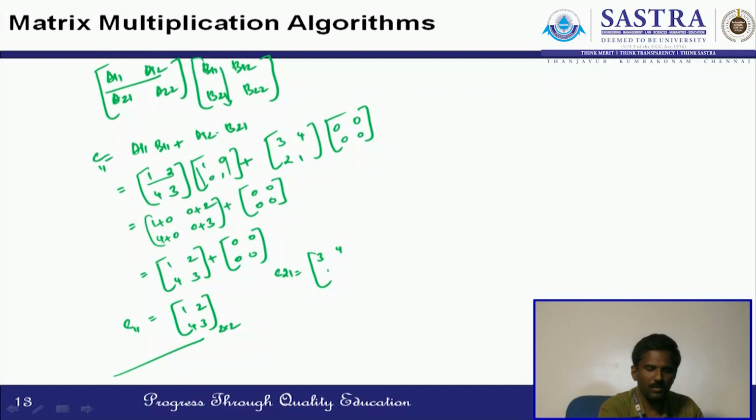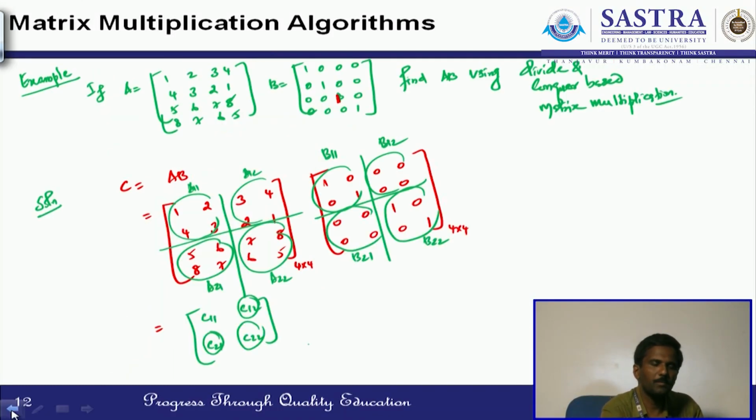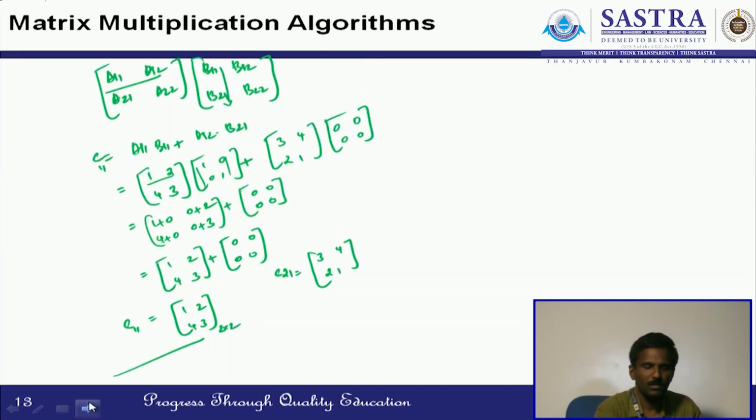We can easily verify, since we are multiplying this matrix with a matrix which consists of zeros and ones. Here we will get C is equal to AB as the same matrix A.